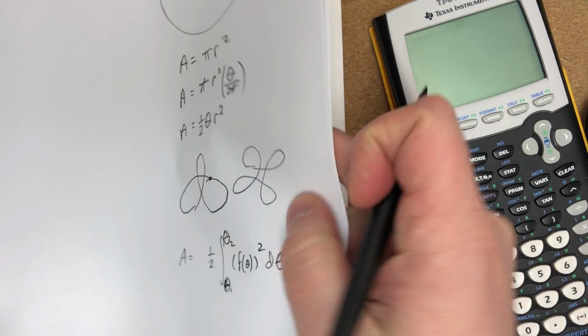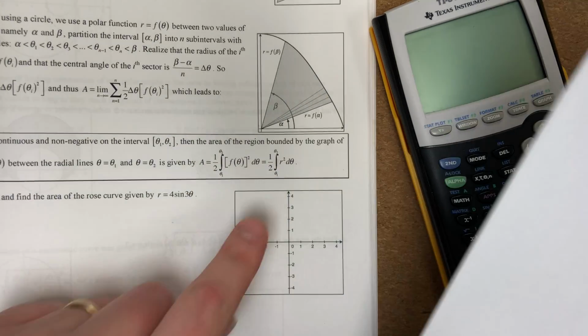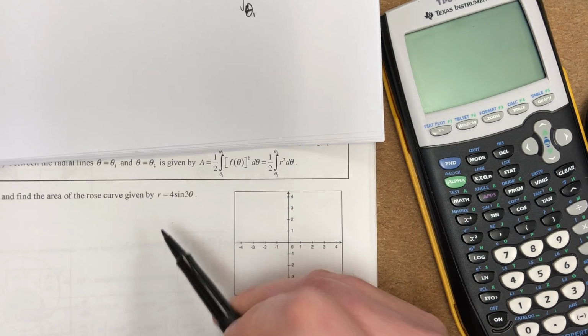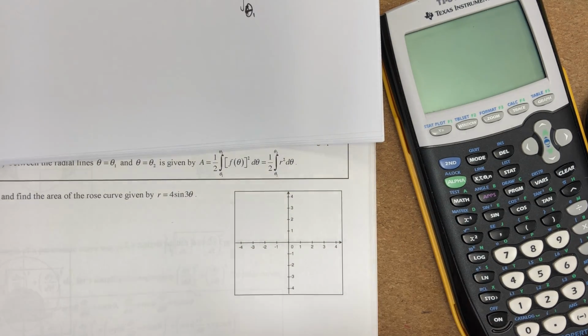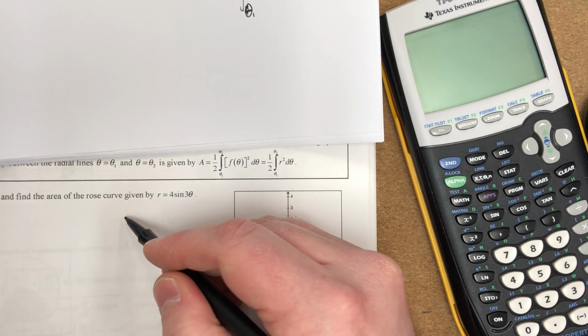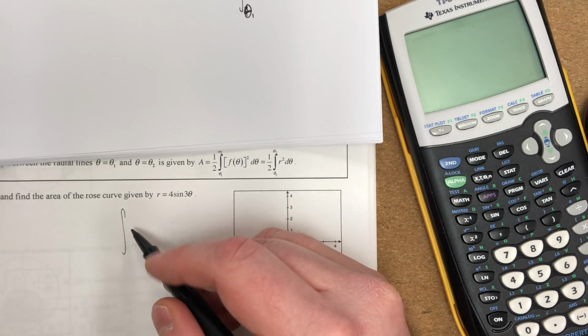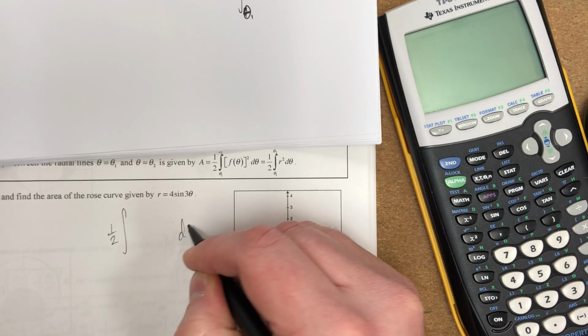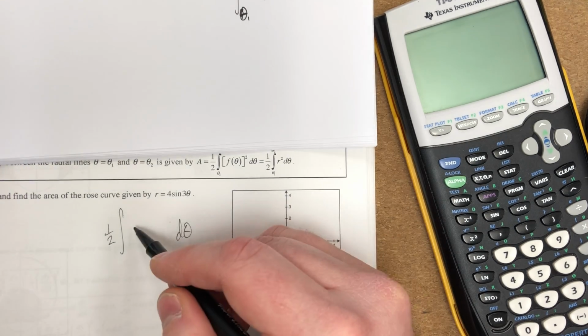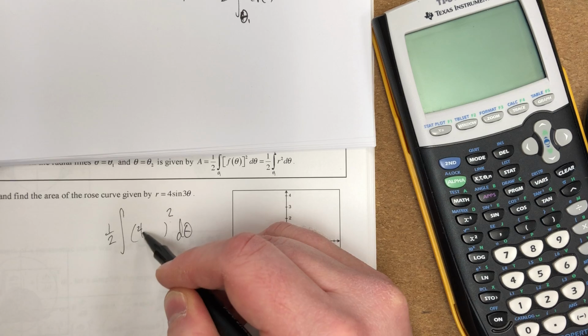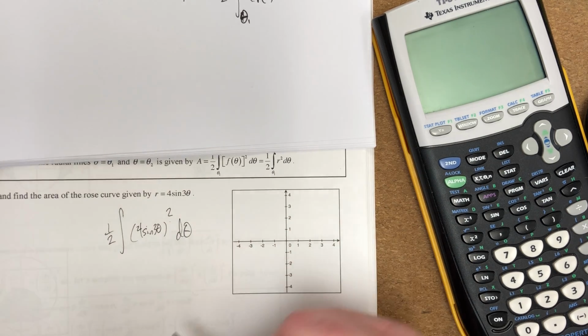This is our formula as presented in our textbook, and he just leaves it as r, which is also fine. For this first example, r is equal to 4 sine of 3 theta. To find the area, we need to find out what theta 1 and theta 2 are, and it's going to be 1/2 integral, with a d theta on the end, and in here our radius squared, 4 sine 3 theta, squared.